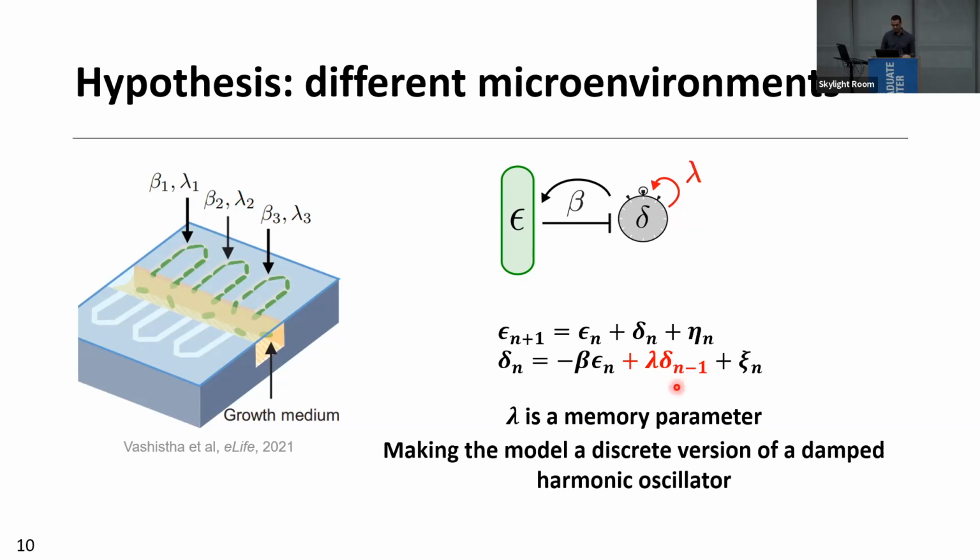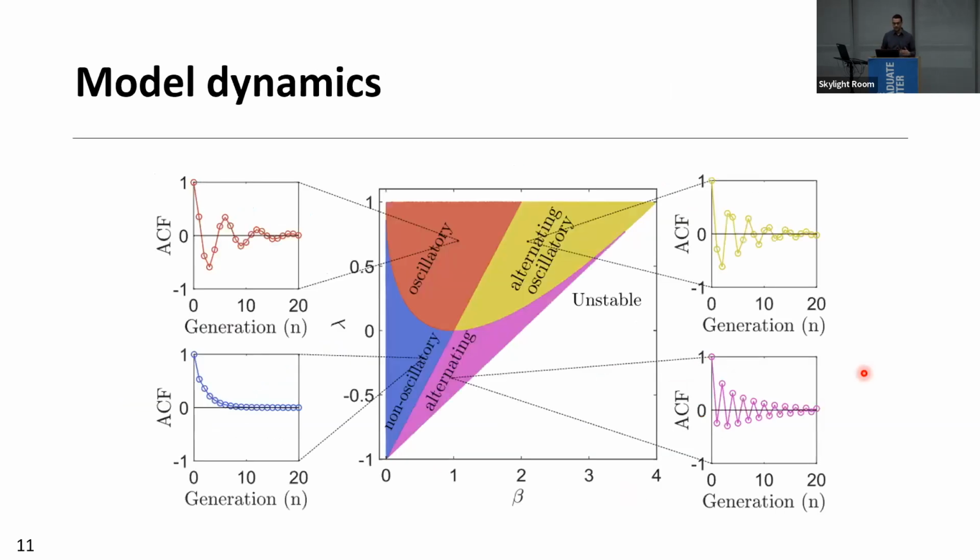This model is a discrete version of a damped harmonic oscillator, which is enough to capture the different dynamics we observe. Some are oscillating, like you see here, some are exponentially decaying, and these two regimes are the most important ones in what we see in the data.